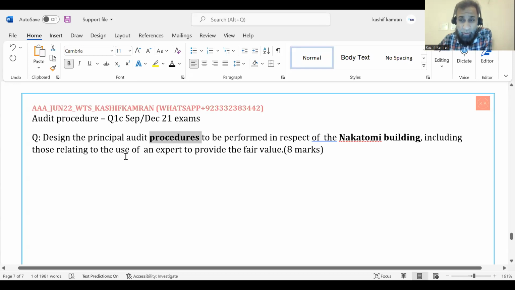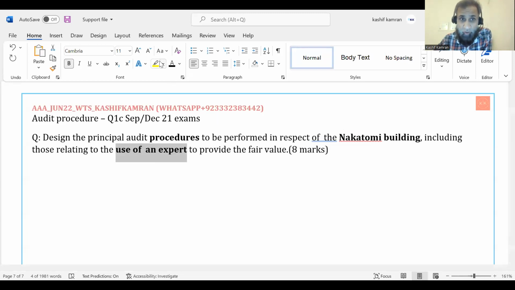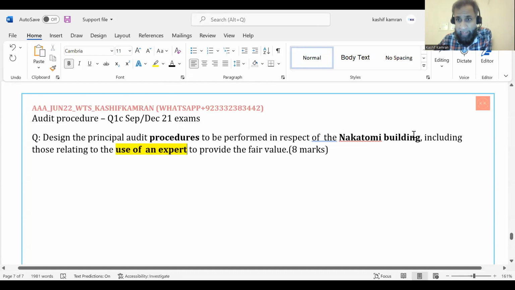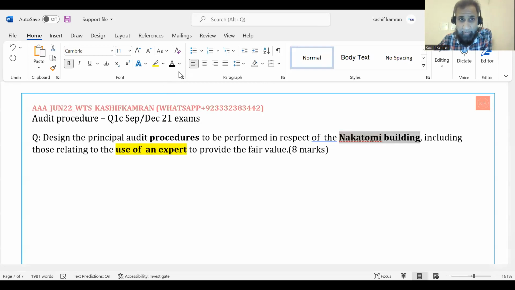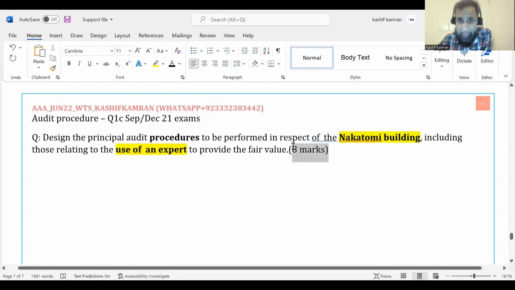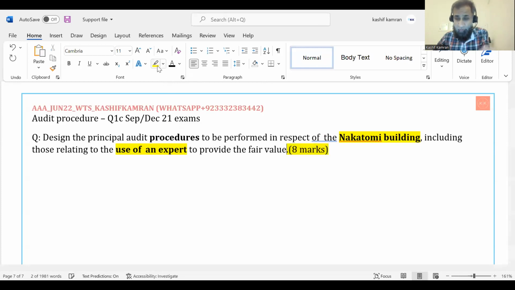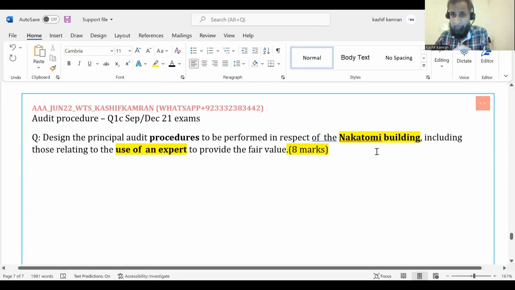So we are not just writing procedures on the Nakatomi building, but we have to write procedures even on the use of an expert as well. And how many marks do we have for that? We have 8 marks, because you know that the management is to hire an expert for determining the fair value of the Nakatomi building, right?